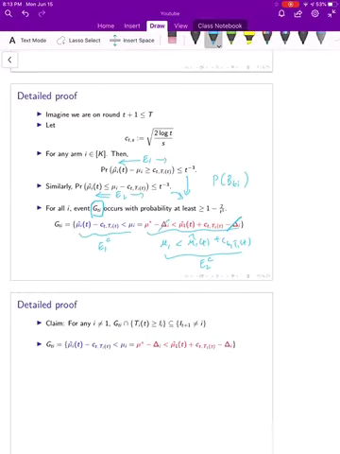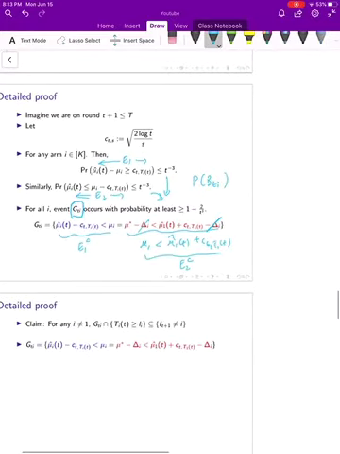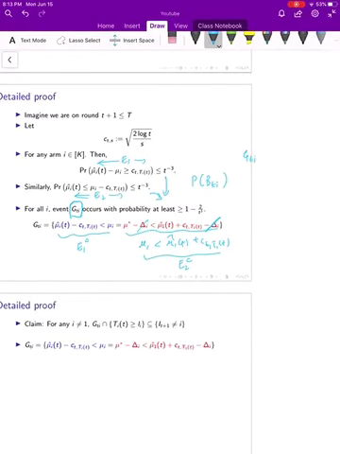So now G_t,i is equal to E1 complement union E2 complement.